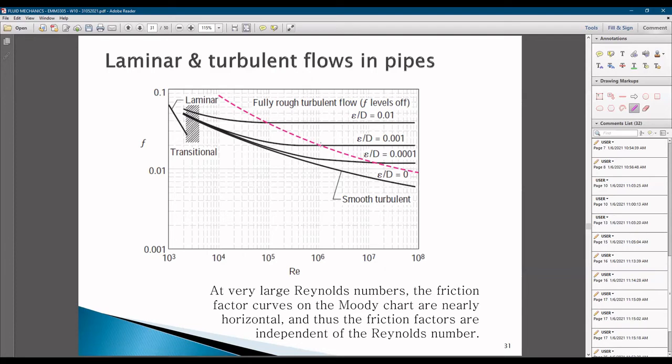Up to a certain point, like this one, from here onwards as you increase the Reynolds number, the value of the friction factor remains the same. Like for this one as well. This line and this one are actually from different materials or surfaces.